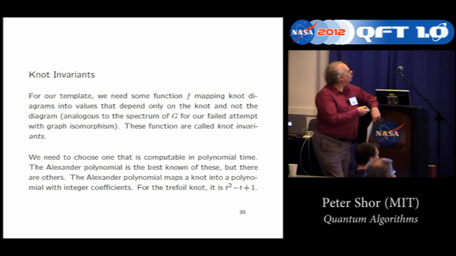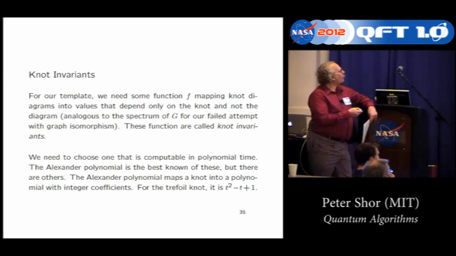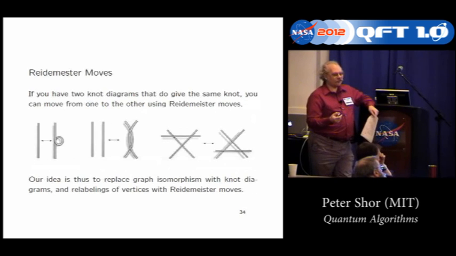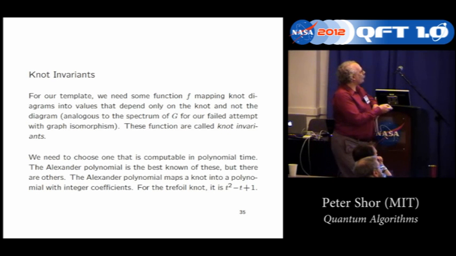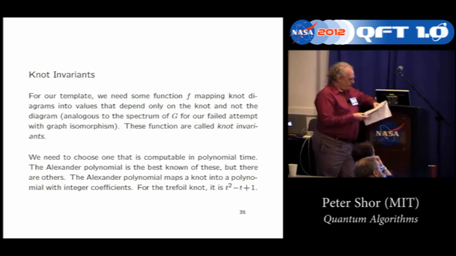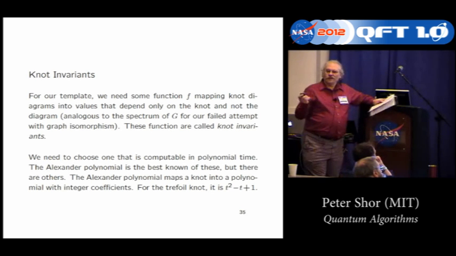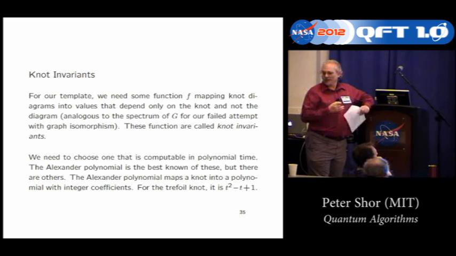So now we need something that corresponds to the spectrum. So we need a function f that maps knot diagrams into values that depend only on the knot and not upon the knot diagram. And this is analogous to the spectrum of G for graph isomorphism. Luckily, topologists have spent the last 40 years studying knot invariants very intensively.